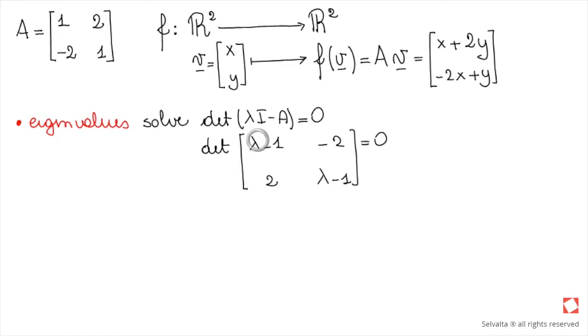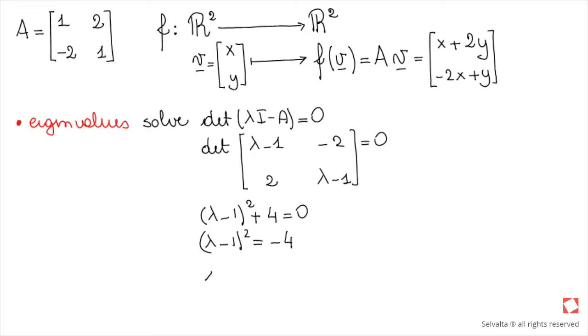We obtain, in the calculation of the determinant, the product of the elements of the main diagonal, lambda minus 1 squared, and then we remove the product of the elements of the anti-diagonal, then plus 4 equal to 0. Then we deduce that lambda minus 1 squared has to be minus 4, and the calculation of the roots of both sides brings us in the complex field.